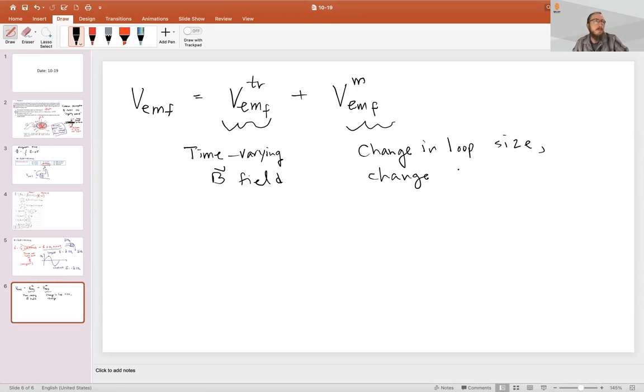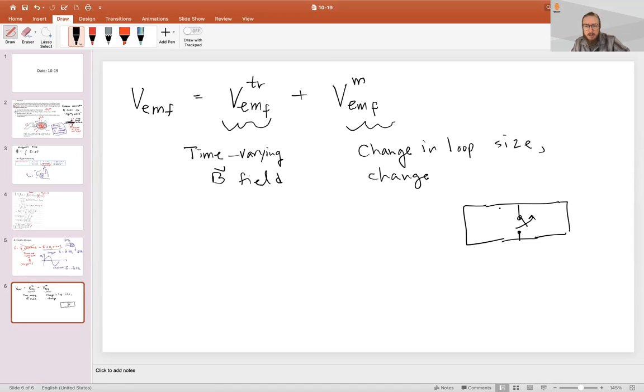Let's see. It's kind of hard to imagine how the loop size could change, because usually our loops are fairly fixed, but sometimes you could have a circuit that you could open up and the loop would all of a sudden become twice as big.